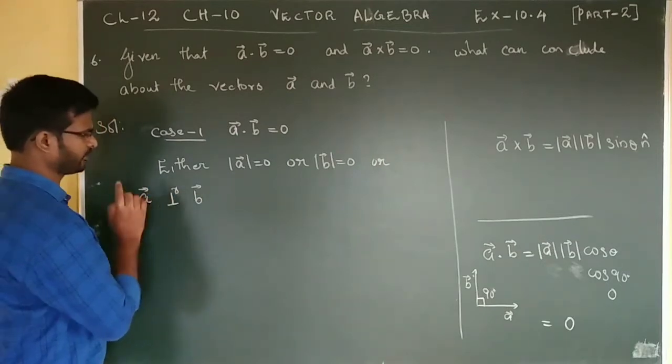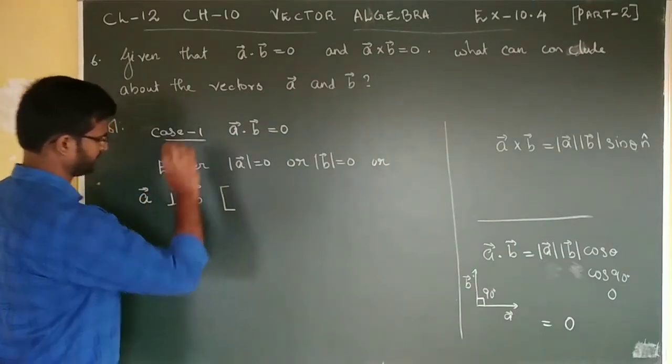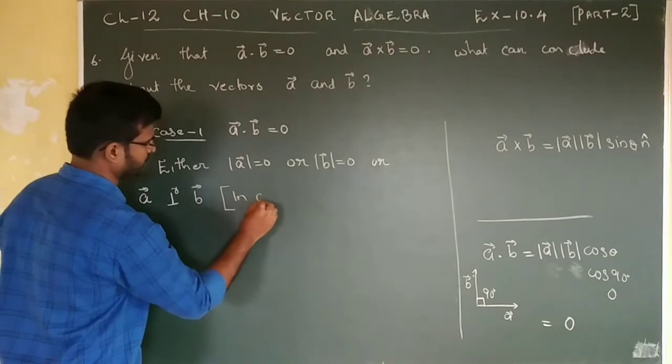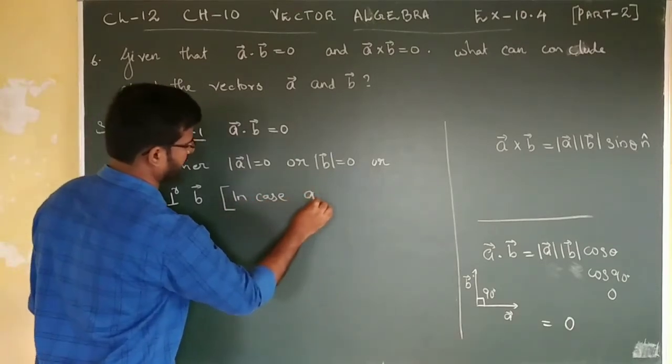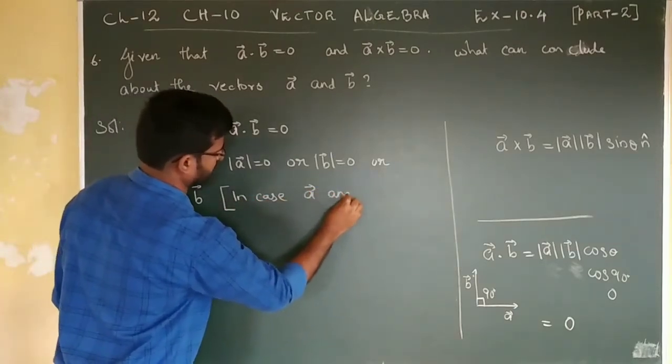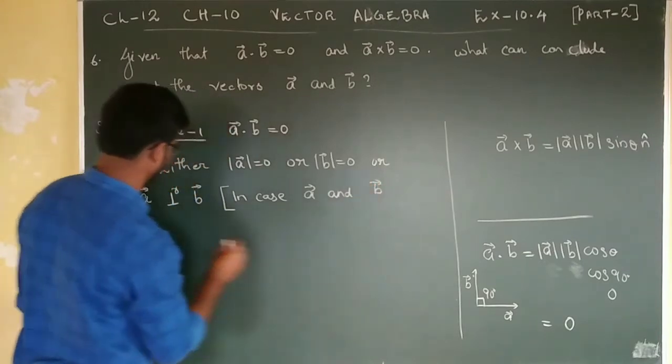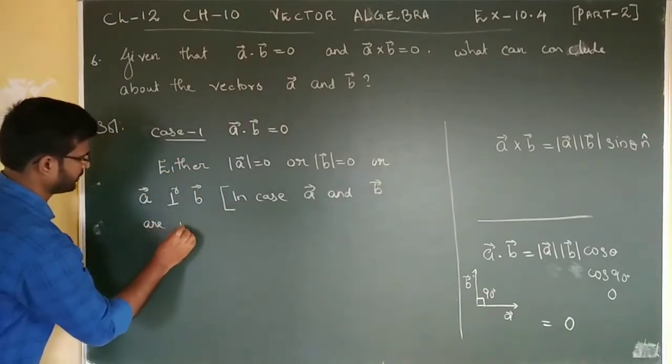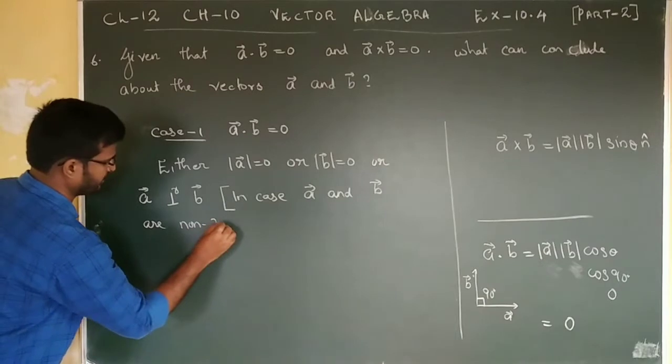A vector is perpendicular to B vector in case A vector and B vector are non-zero vectors.